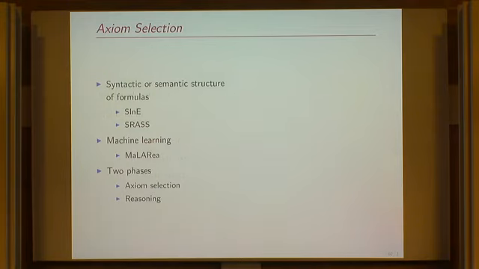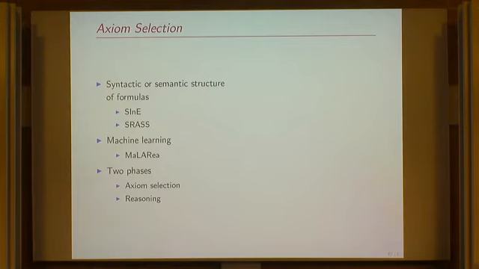There were several proposals and approaches, which are reasonably effective, but still, I think, not that effective. The first is based on the syntactic or semantic structure of the problem. Basically, if you have a goal, we try to structurally understand which axioms are relevant, for example which symbols occur in the goal and in the axioms.